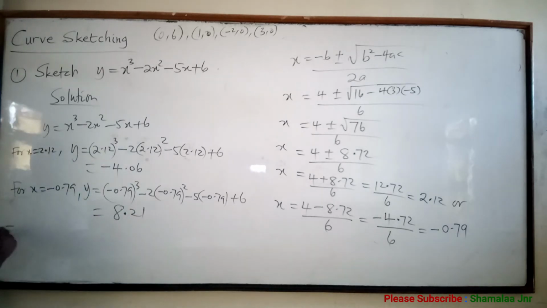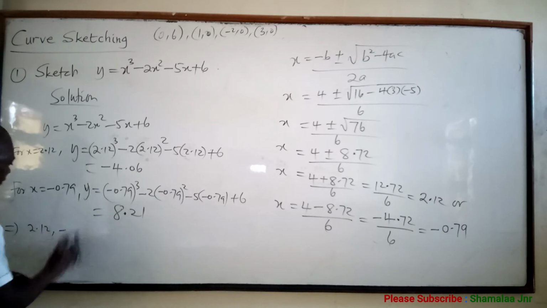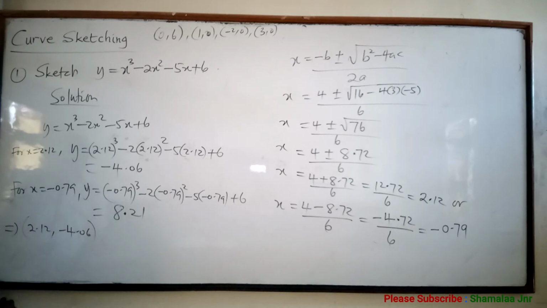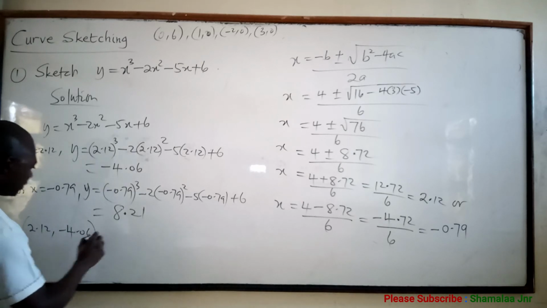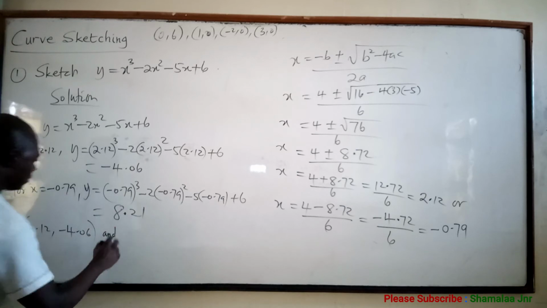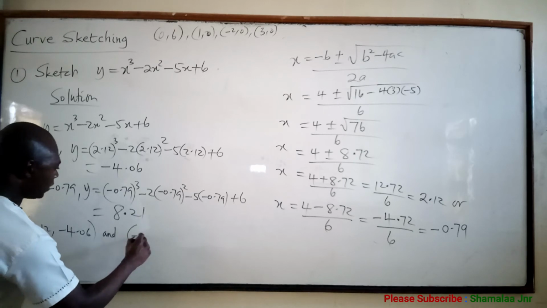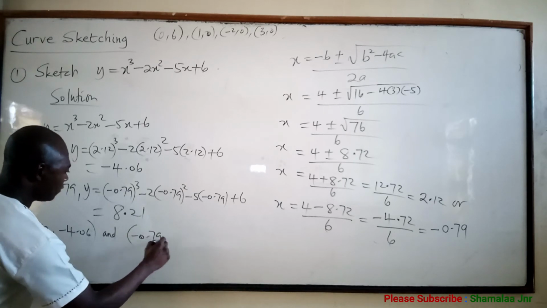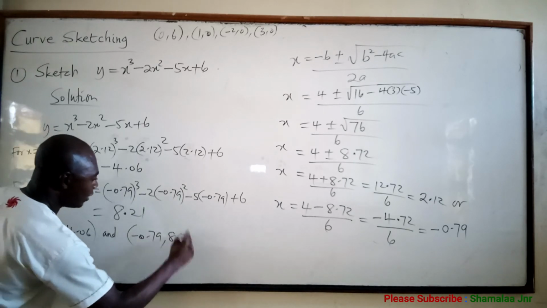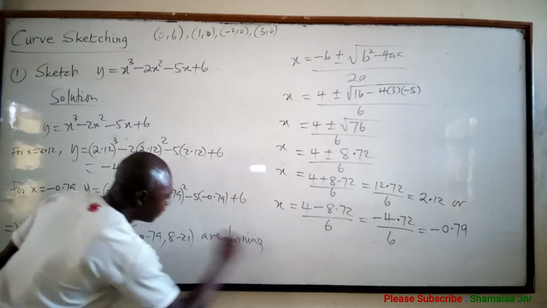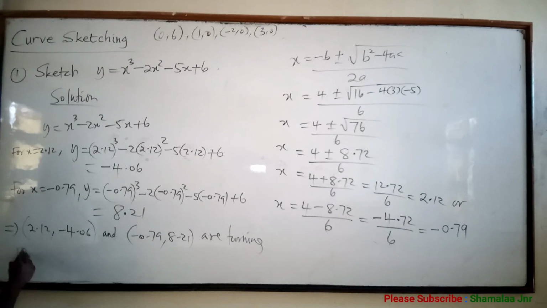So this implies that 2.12, negative 4.06, and negative 0.79, 8.21 are turning points.